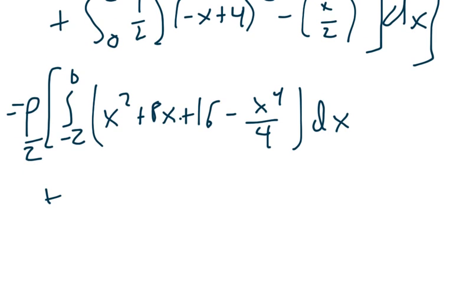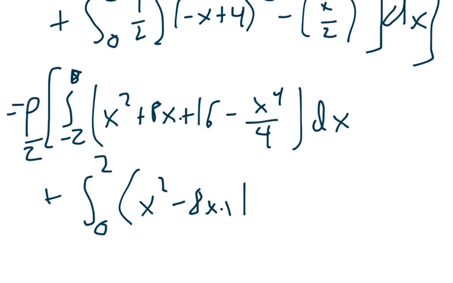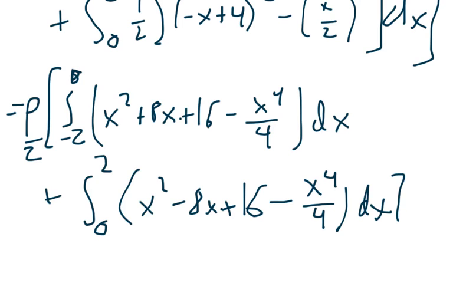I have rho over 2 for each of these. 0 to 2, and I have x squared minus 8x in this one, plus 16 minus x to the 4th over 4 dx.